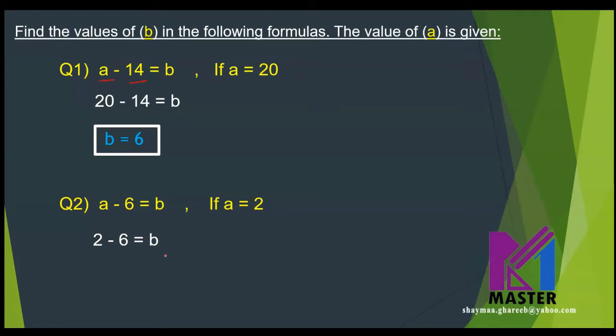What do you think? The answer will be a negative number. So 2 minus 6 equals negative 4. Then the B will be equal to negative 4. Is this clear?